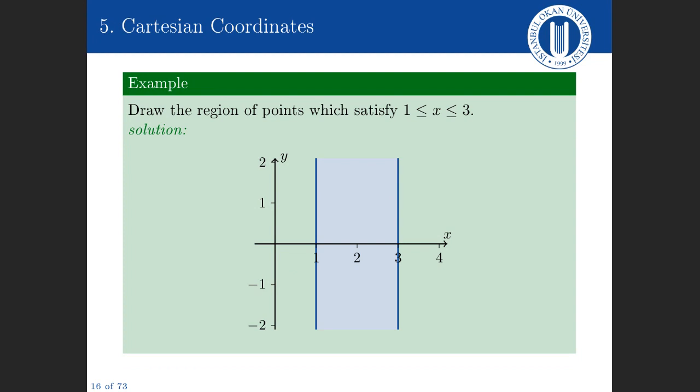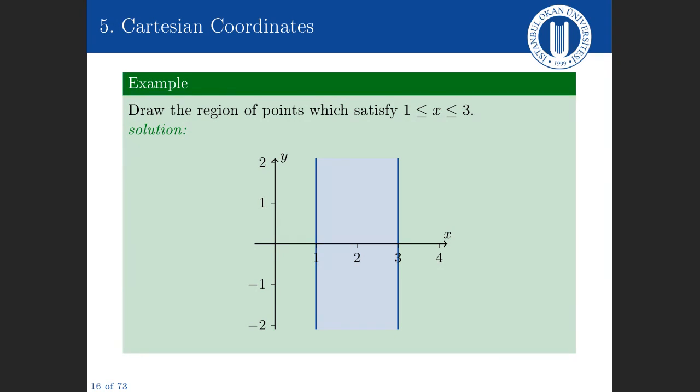Draw the region of points which satisfy x is between 1 and 3. First of all, let's look at the left part. Let's just look at x is equal to 1. This is a vertical line. Y can be any number, but x has to be 1. So we have a vertical line just here.